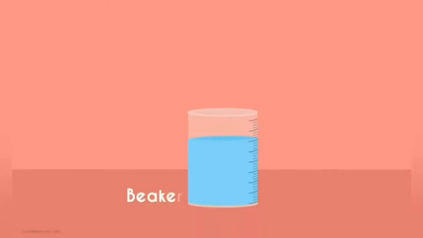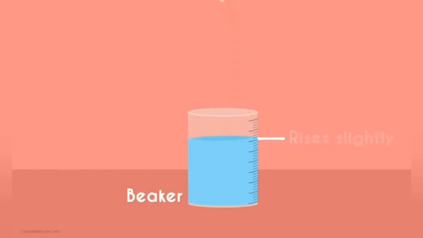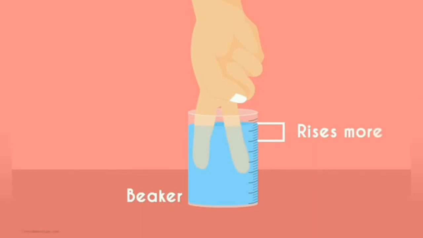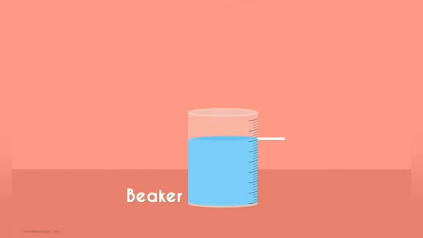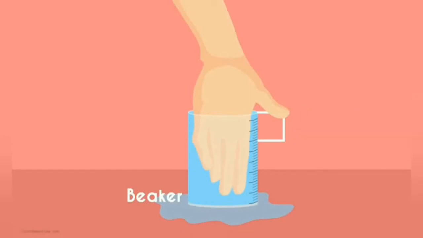Let us consider you have a beaker filled with water and you put your index finger inside it. You will observe that the water level rises slightly. And if you put two fingers, then the water level rises a bit more. And now, when you put your hand, you will see that the water level increases significantly.